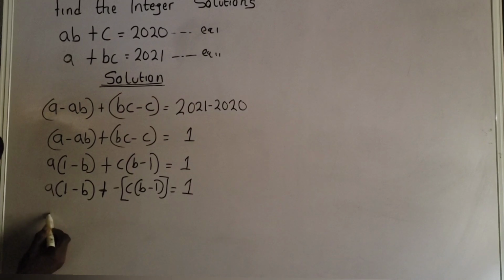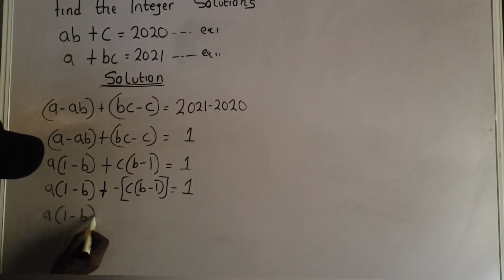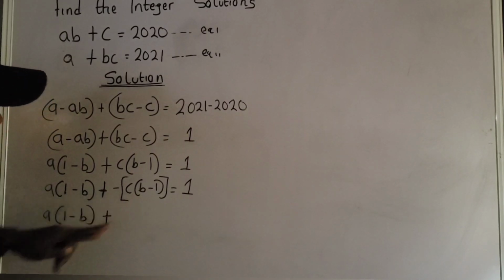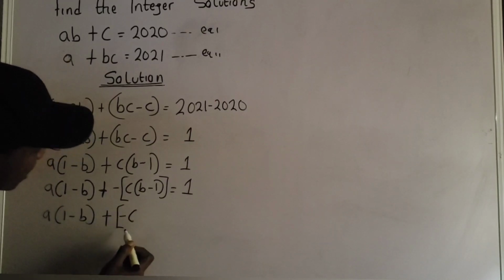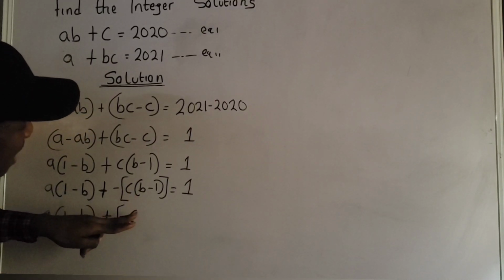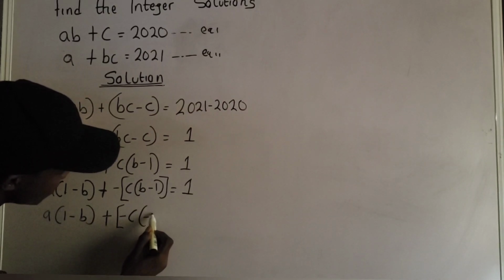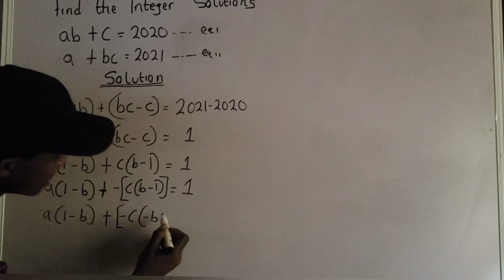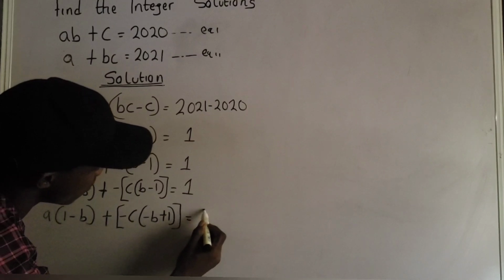So I'm going to have A(1 - B) + (-C)(-B + (-1)(-1), that is plus 1) = 1.